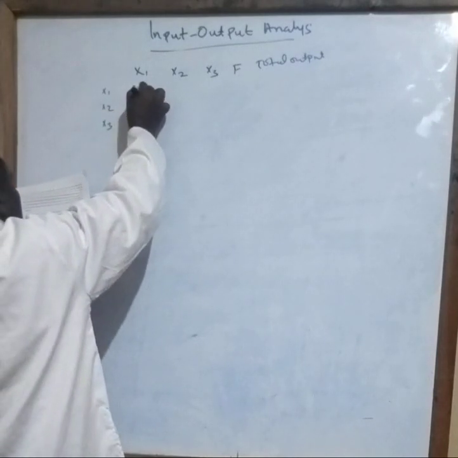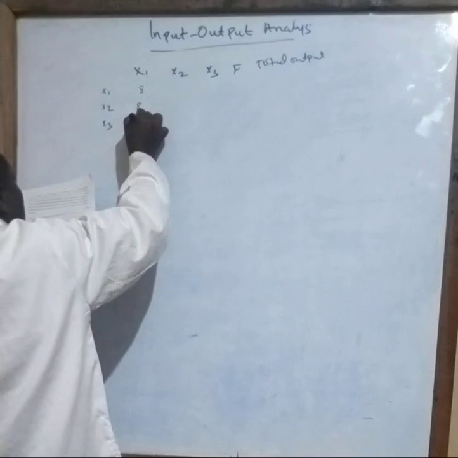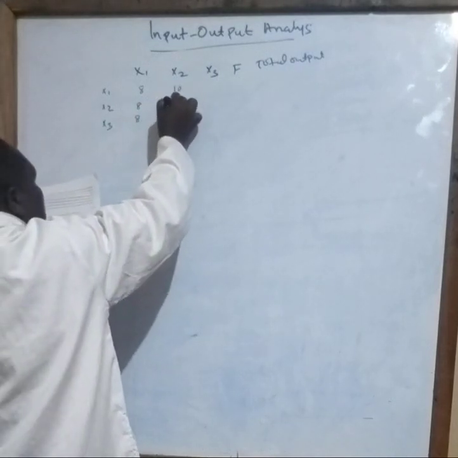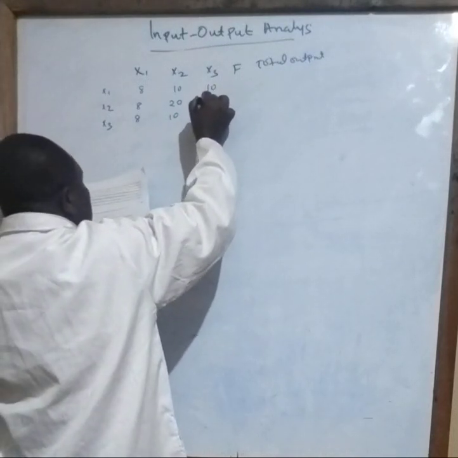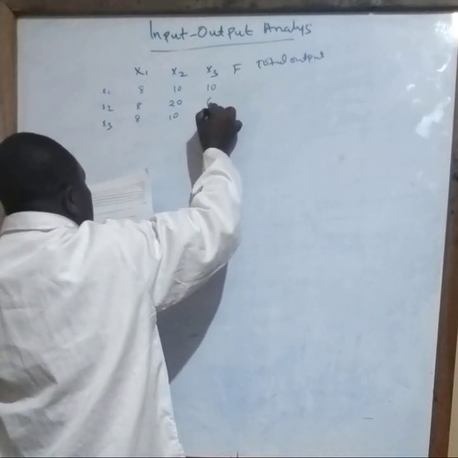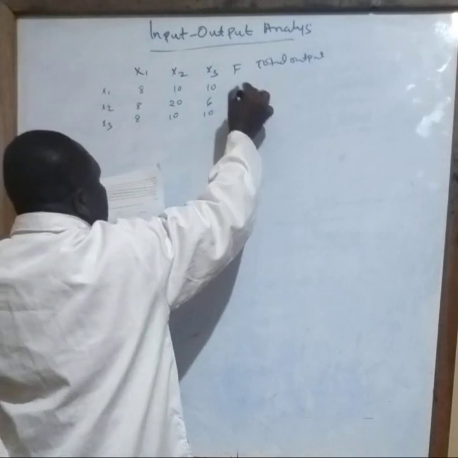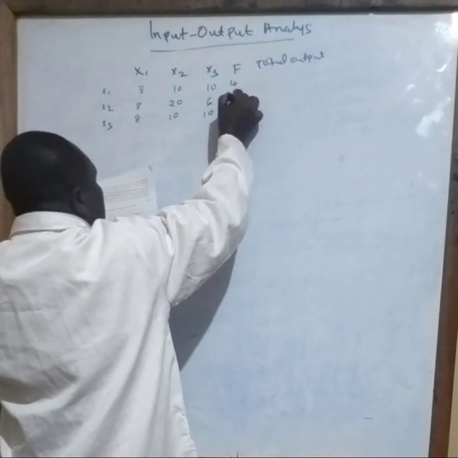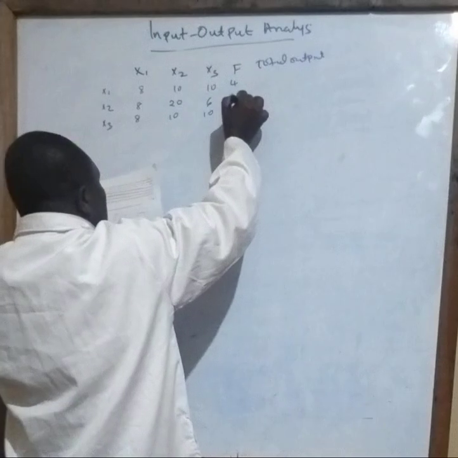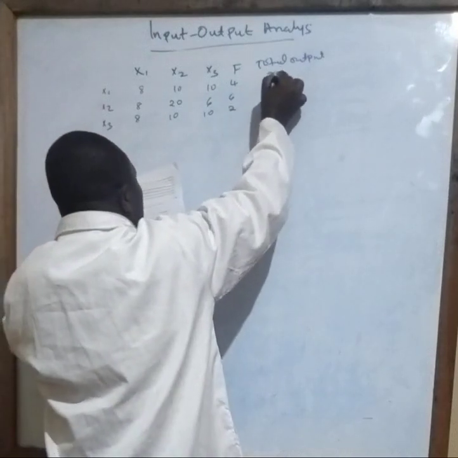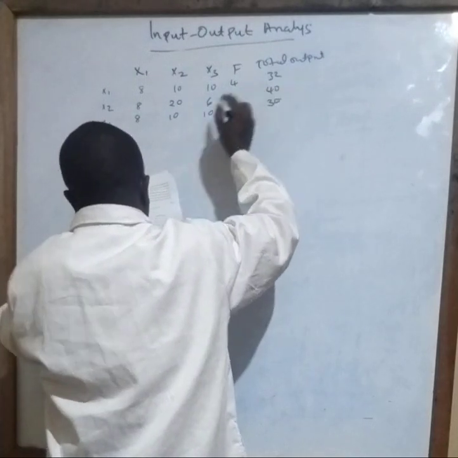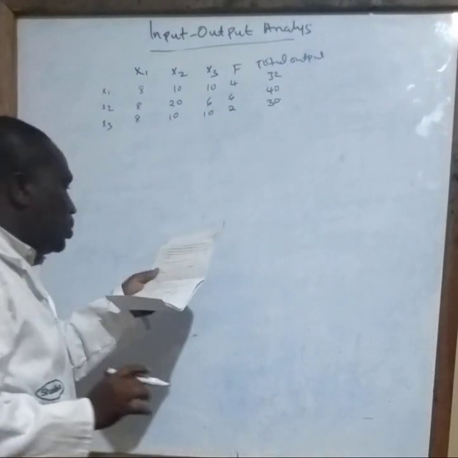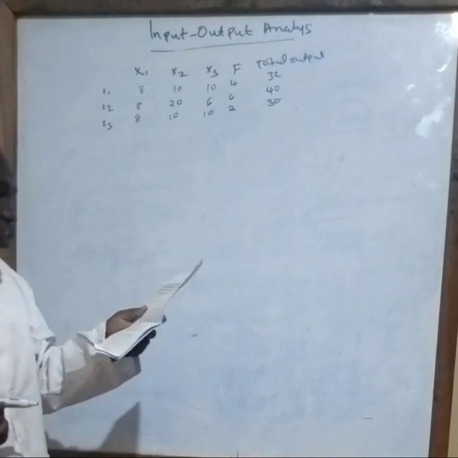So we have 8 here, 8 here, 8 here, 10, 20, 10, 10, 6, 10. We have 4, 6, 2. Finally, we have 32, 40, 30. So that is the table on input-output analysis.